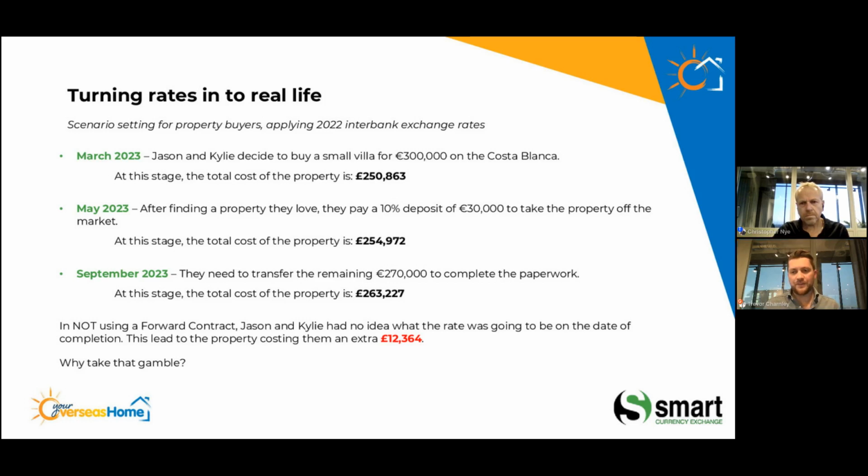It's really important to engage with that currency expert early, because you could find yourself suddenly on completion day having to find an extra £13,000 to finish the completion of that property. So the question is, of course, when the tools and services are available to you to remove any currency risk, why would you take that gamble?